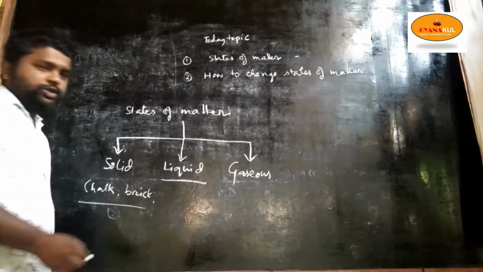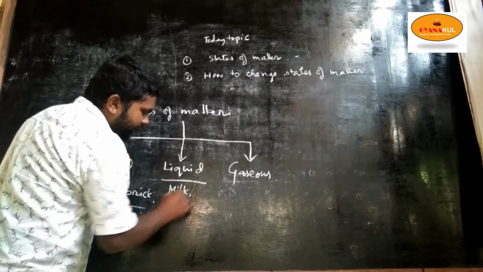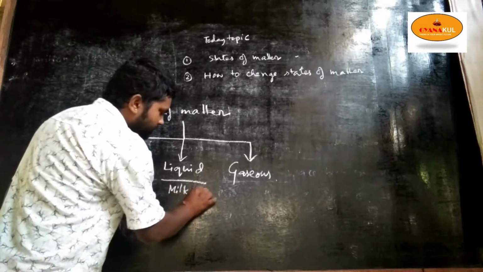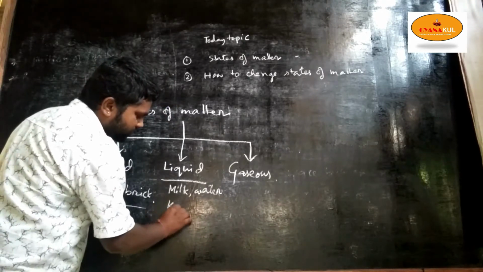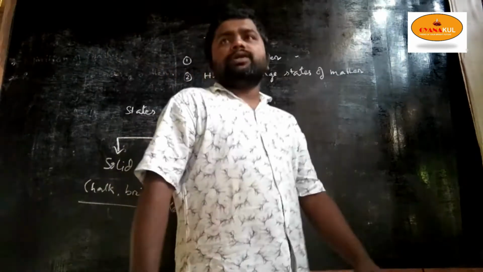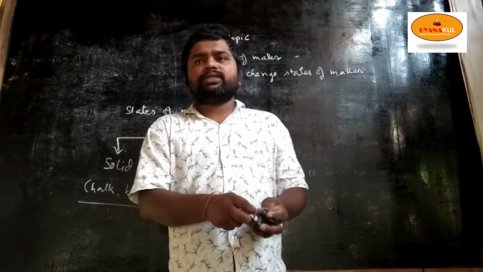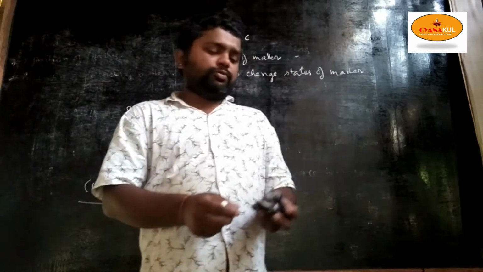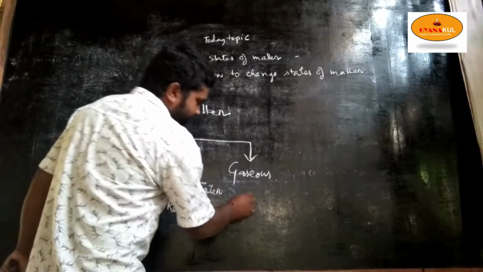Examples of liquid can be milk, water, kerosene. These things are liquids. A lot of examples are coming to your mind. The next state of matter is gaseous.